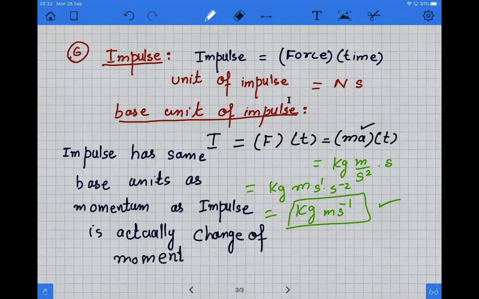An impulse is a vector quantity. Change of a vector is always vector, and a quantity and its change have same base units.